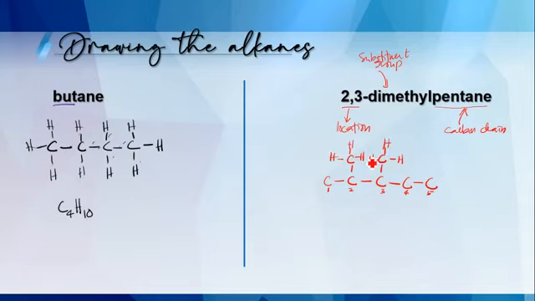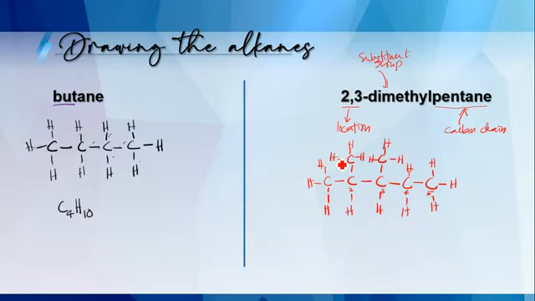Now you can complete the rest of the structure by adding hydrogen. When you draw the structure, you don't have to do the numbering left to right, because you are the one deciding the number.